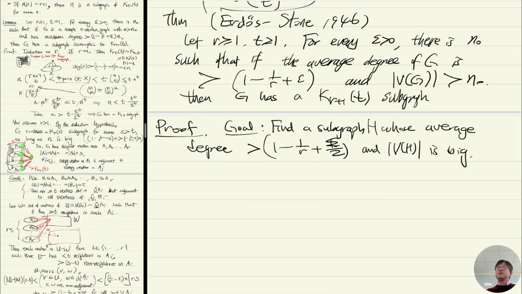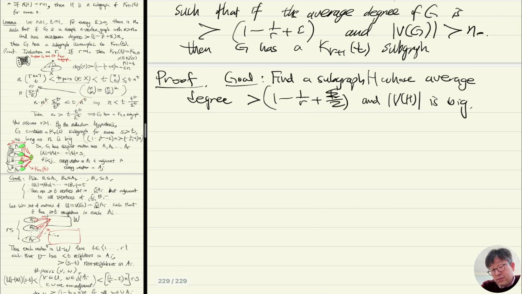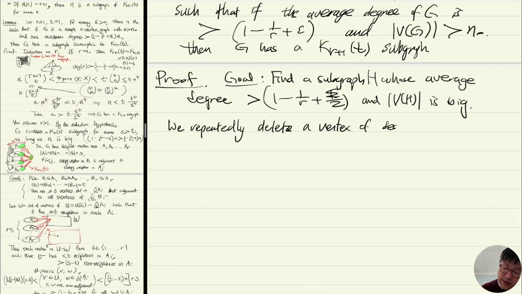Okay, how do we find it? Well, we repeatedly delete a vertex of degree at most 1 minus 1 over R plus epsilon over 2 times the number of vertices.